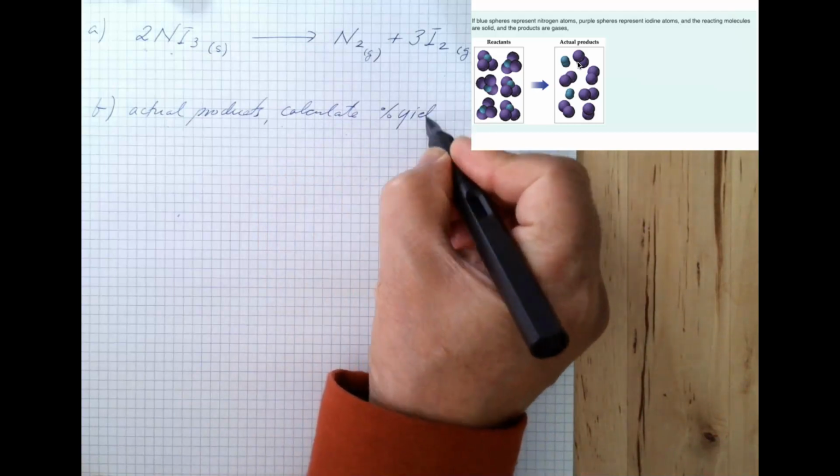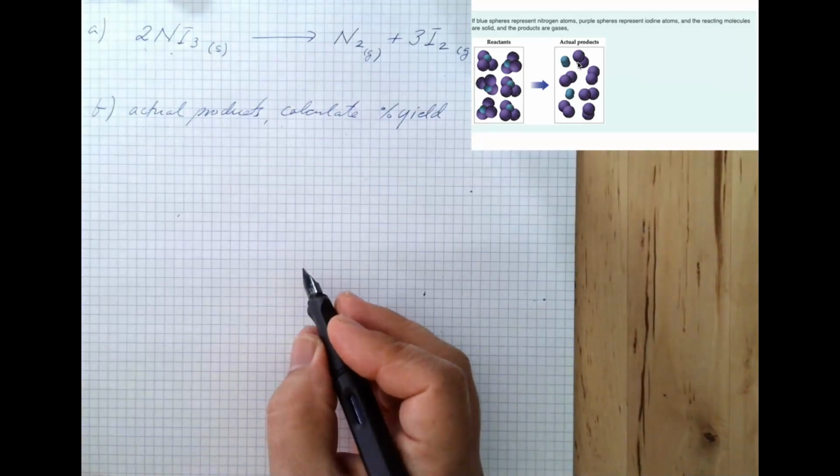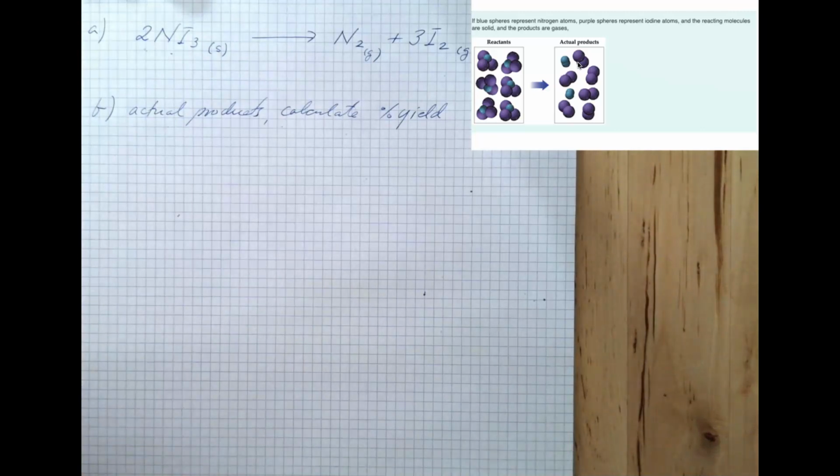Now the actual drawing, if we look at this picture here, has, I'm going to count as best as I can, 1, 2, 3, 4, 5, 6 of these iodine molecules. 1, 2, 3, 4, 5, 6 I2s, which are in fact purple.